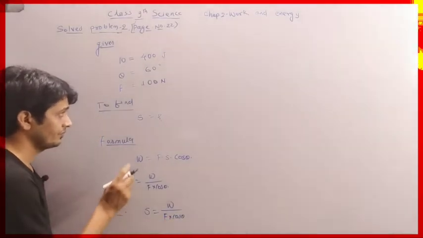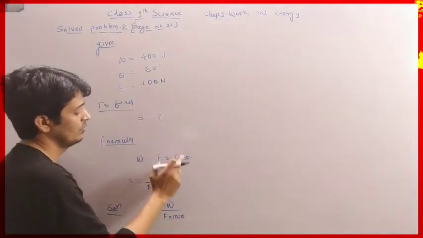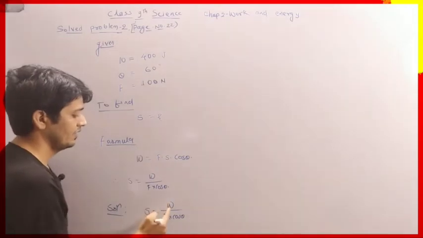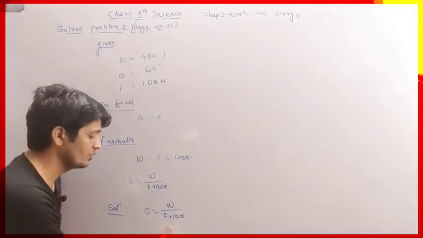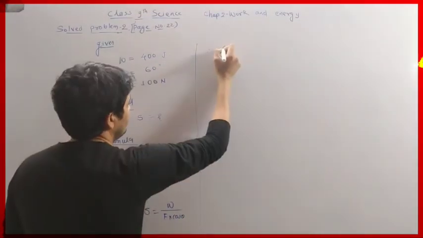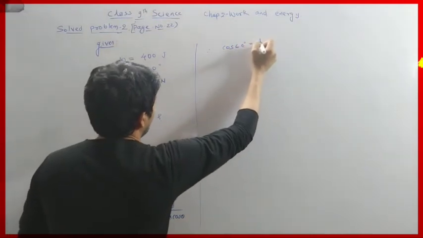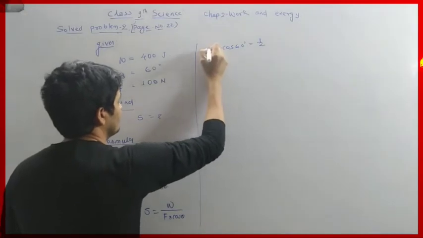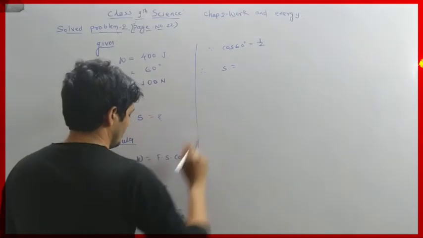So in cos theta, what is the value of theta given to us? 60 degrees. Since cos 60 degrees equals 1 by 2, therefore S equals W. What is W?